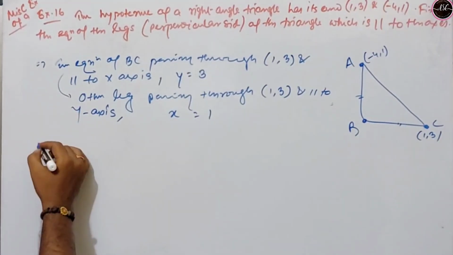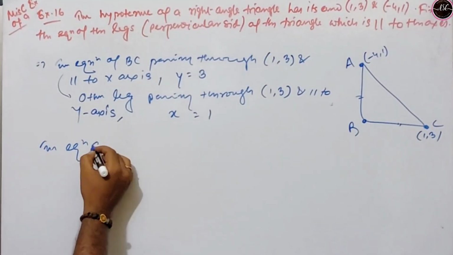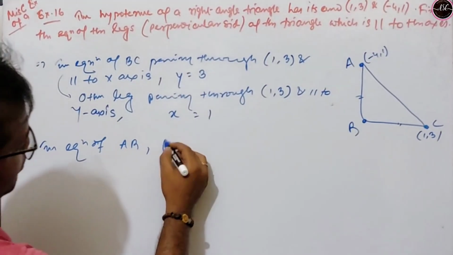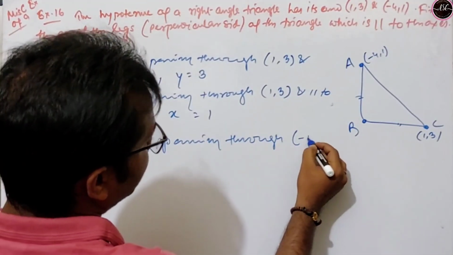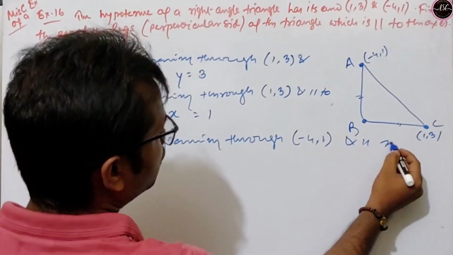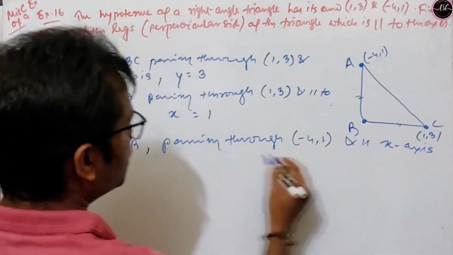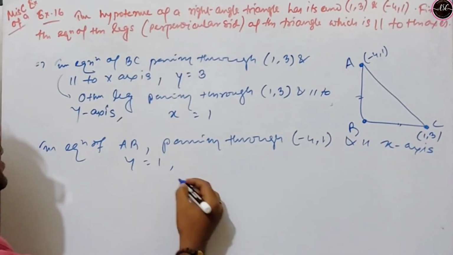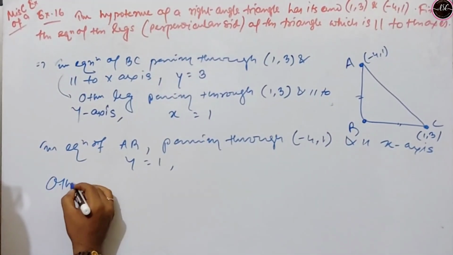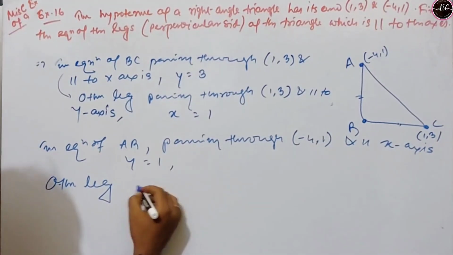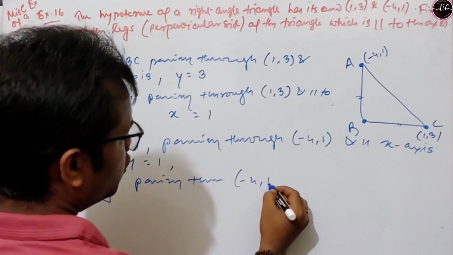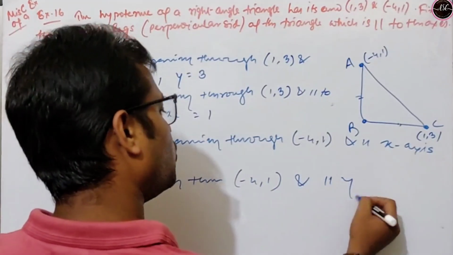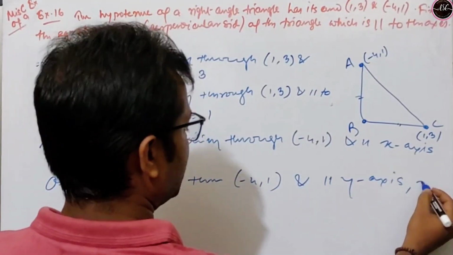And the equation of AB passing through (-4, 1) and parallel to the x axis is y equal to 1, and the other leg passing through (-4, 1) and parallel to the y axis has the equation x equal to -4.